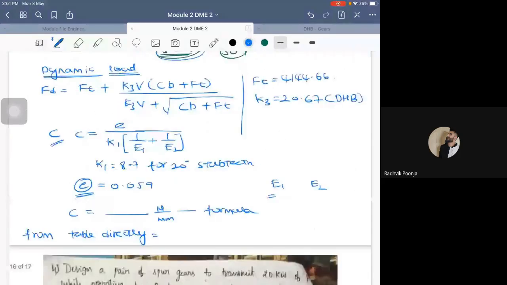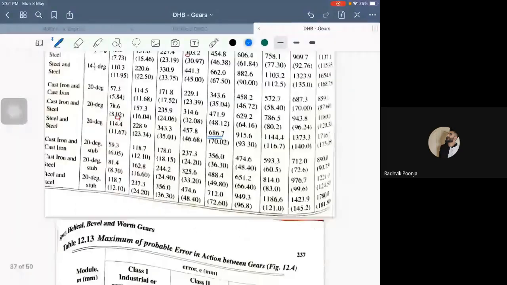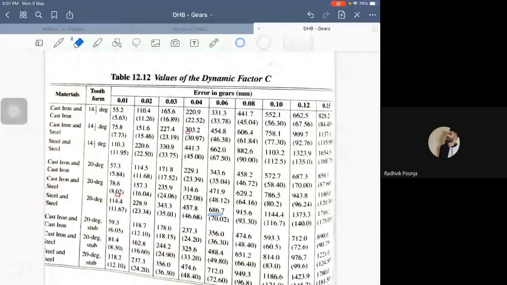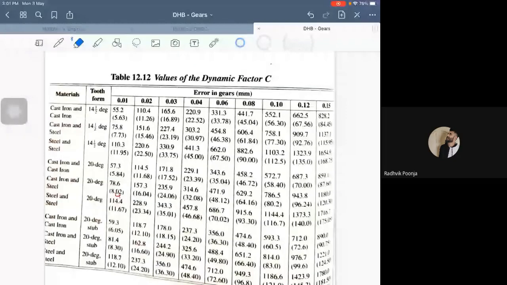I would try to extract the value from the table itself. Okay, so this is the table I have. Now the error is 0.059, so I can take it as 0.06 error. I would highlight this 0.06 error again.